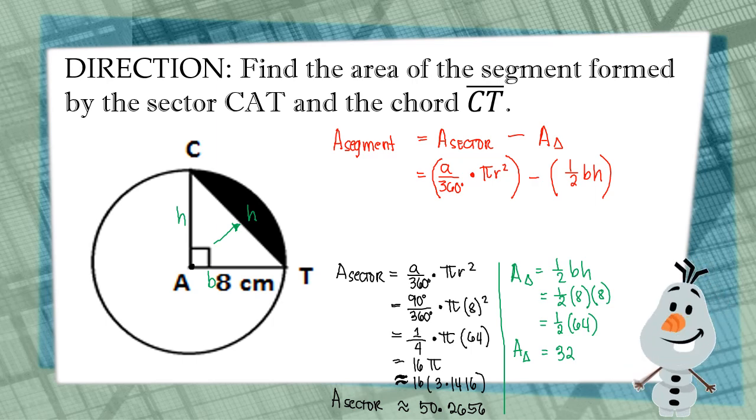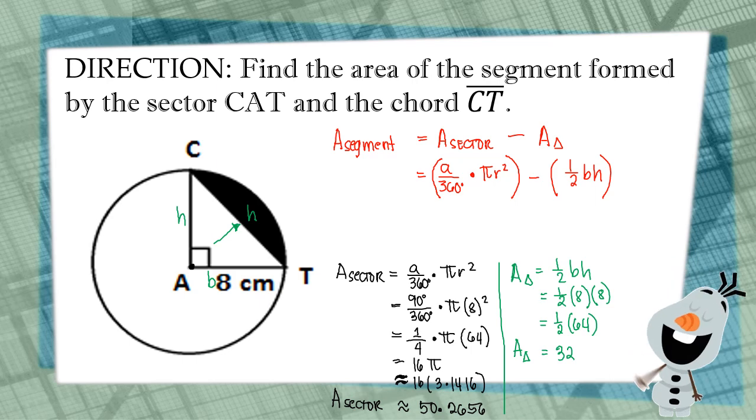Now we have our area of the triangle, which is 32. Of course, we are going to write our unit of measurement here. It's centimeters squared, but it would be more necessary to write it in our final answer.